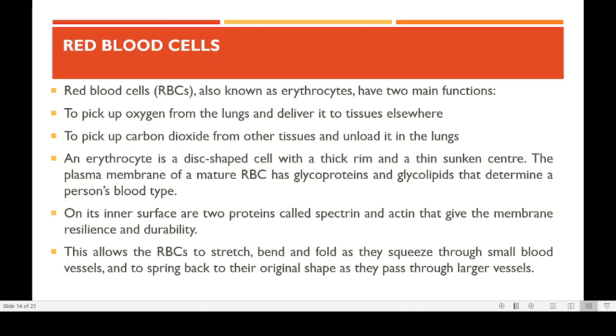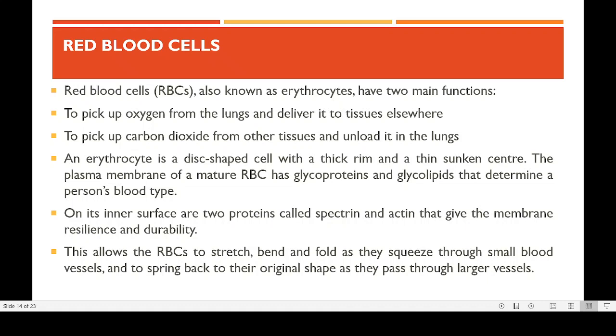On the inner surface of these proteins, there are two proteins, spectrin and actin. So that is on the inner side of the RBC. On the outer side we can find glycoproteins and glycolipids. Inside the RBC we can find spectrin and actin.